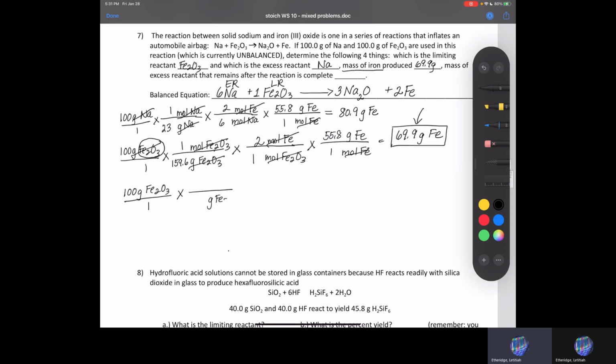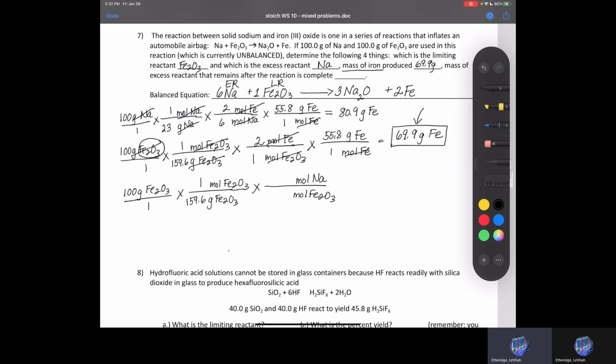So gram of iron 3 oxide on the top, gram on the bottom, mole on the top. We have a molar mass, it's the same as the one above, 159.6. And now we're going from mole of iron 3 oxide to mole of sodium, because that's what the question is asking us.